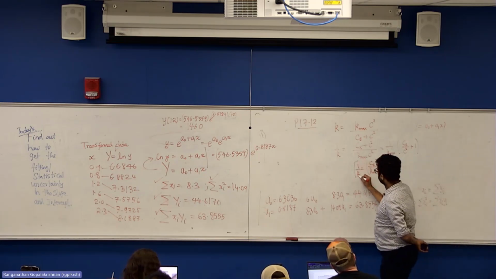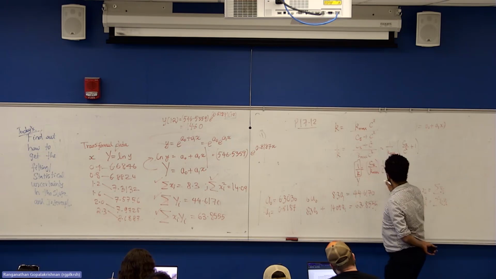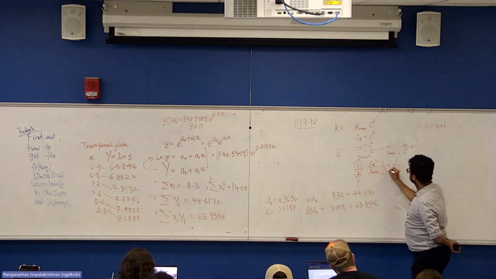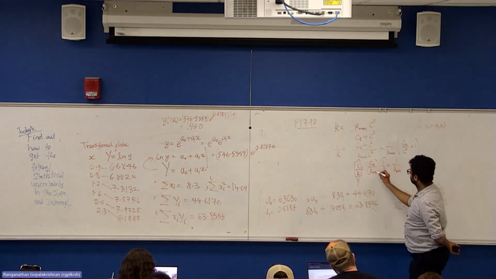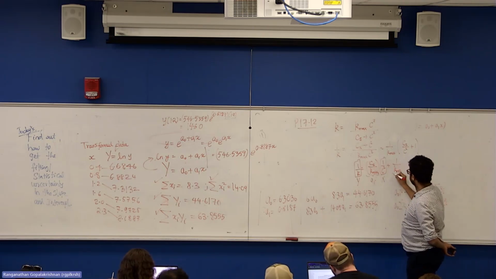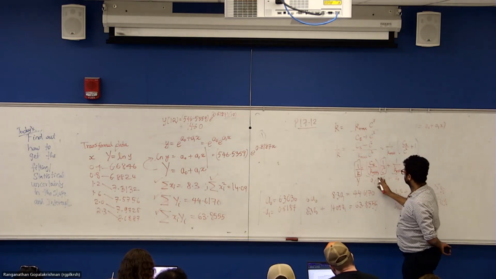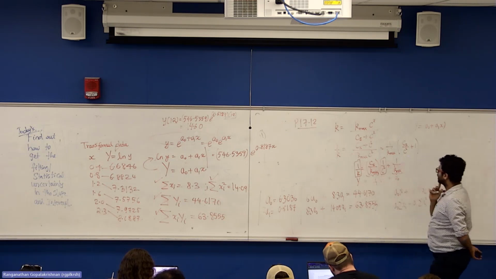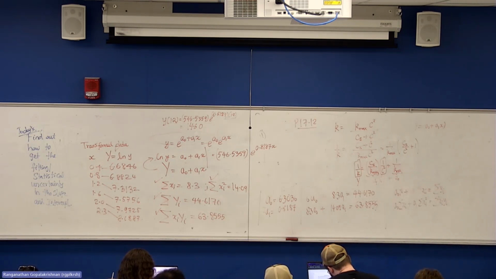What if I call 1 over K as y, 1 over C squared as x? This quantity I'll call a1, and this quantity I'll call a naught. Can I do that? I'm just labeling variables.